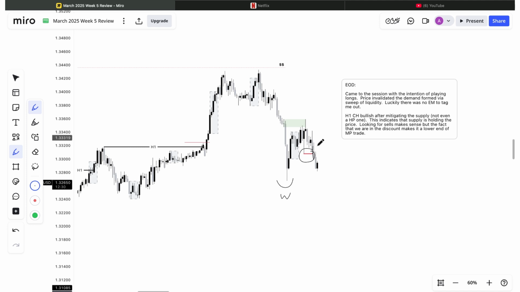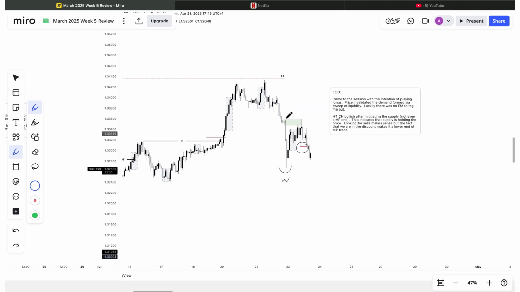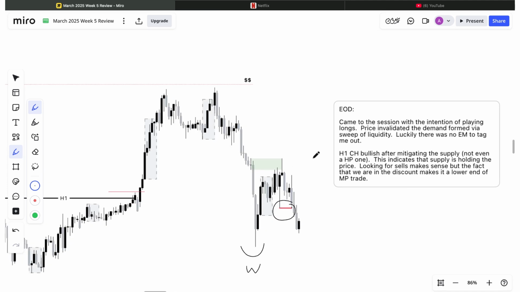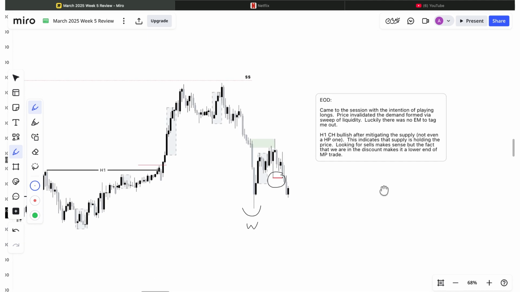So you can mark a POI and look to target. But at the time when the CHoCH bearish happened, it was around 1745, which is EOD.